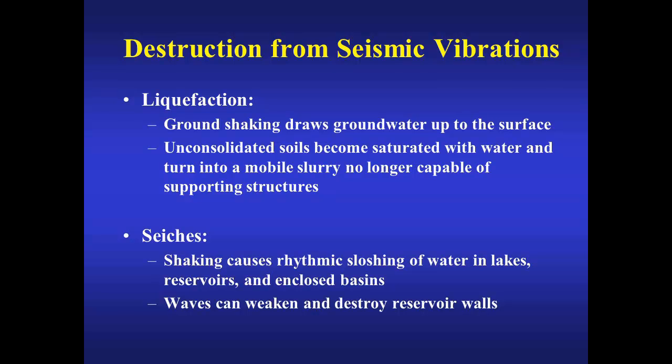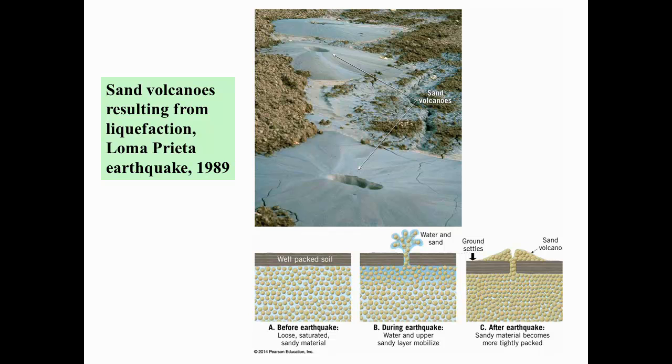There are also what are called seiches, where the shaking causes rhythmic sloshing of water within lakes, reservoirs, enclosed basins, to the point where the waves can weaken and destroy the reservoir walls. Quite often, dams tend to give way as a result of that sloshing within the reservoir behind the dam.